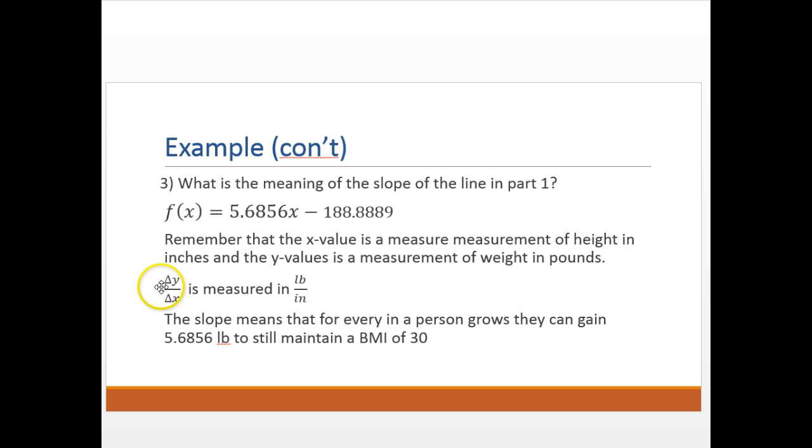So if we look at our delta y over delta x, that's measured in pounds per inch. So this slope, the 5.6856, means that for every inch a person grows, they gain 5.6856 pounds to still maintain a body mass index of 30.